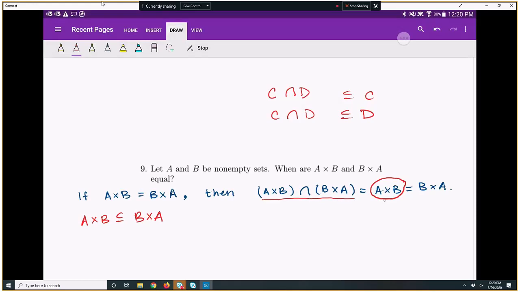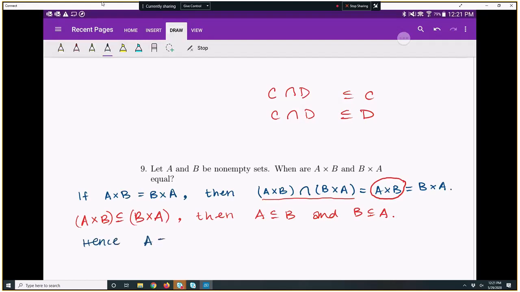So if the intersection is A cross B, then that means that A cross B should be a subset of A cross B and a subset of B cross A. But if A cross B is a subset of B cross A, then A is a subset of B, and B is a subset of A. And that's exactly what is required for two sets to be equal.